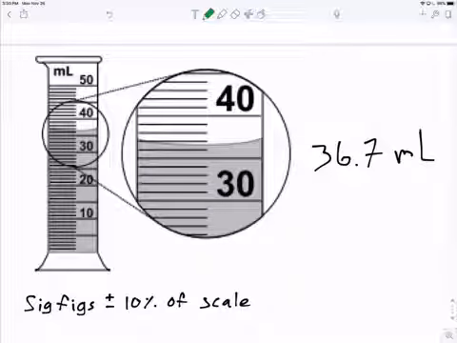It's between 36 and 37, and you can kind of guesstimate the 10th scale. So to me, it looks like 0.6 or 0.7. So kind of 2/3 of the way up from that, and you can guesstimate up to the 10th scale between that.